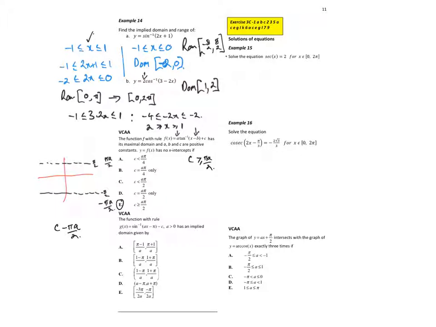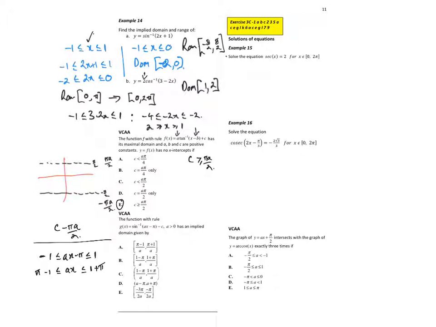All right. Has an implied domain given by, again, the C value is not relevant, but I do need the domain. Normally for sine it is negative 1 is less than or equal to AX minus pi, which is less than or equal to 1. So we need to add pi. So I get pi minus 1 is less than or equal to AX, which is less than or equal to 1 plus pi.